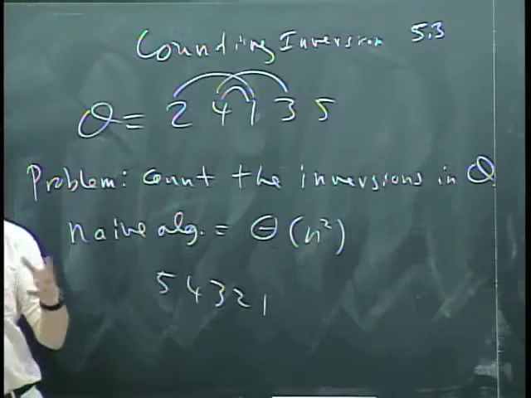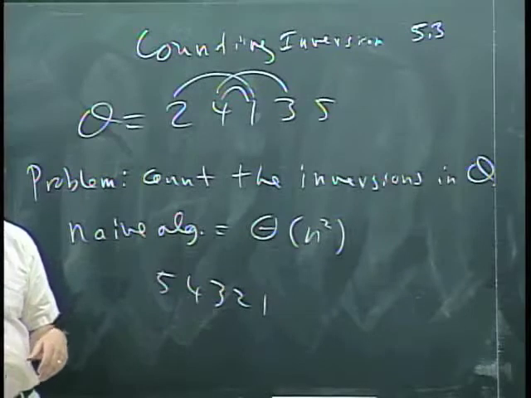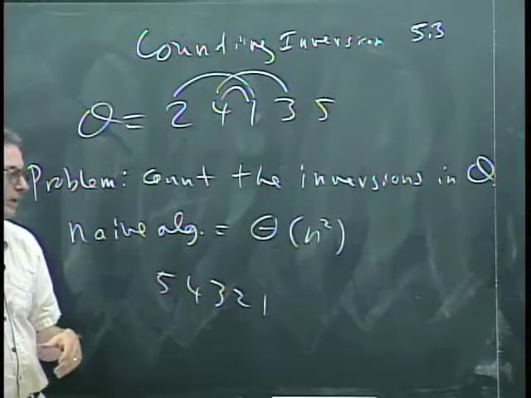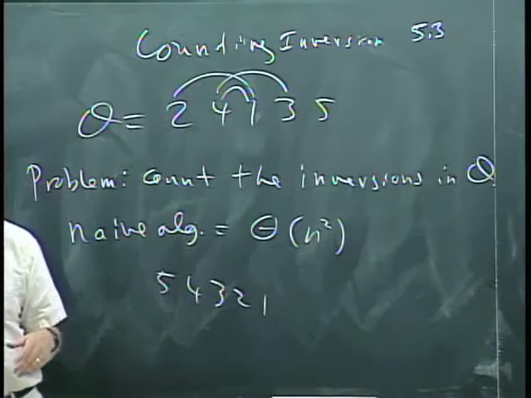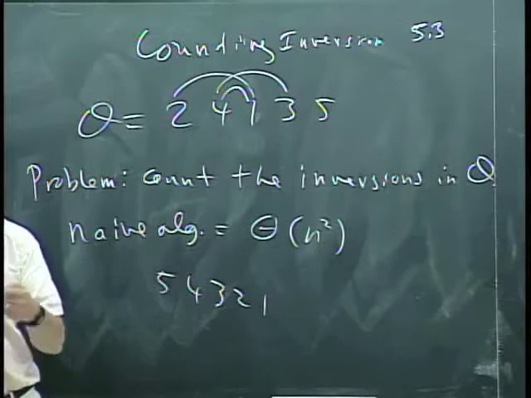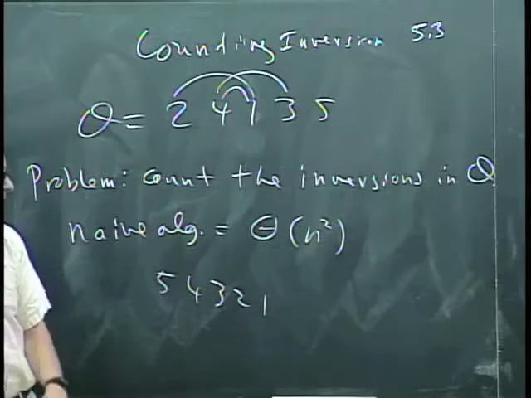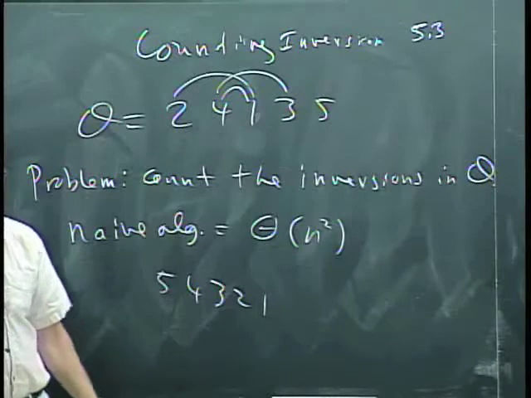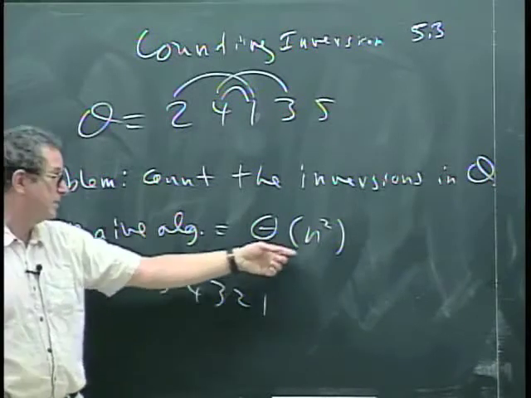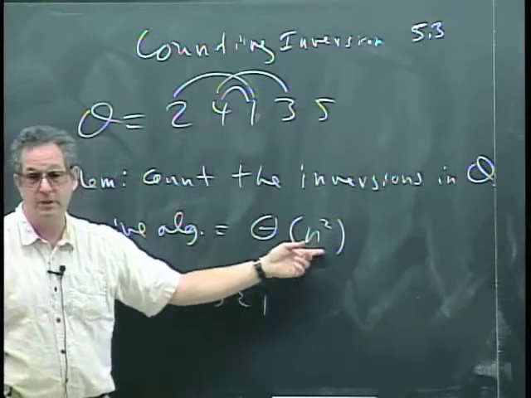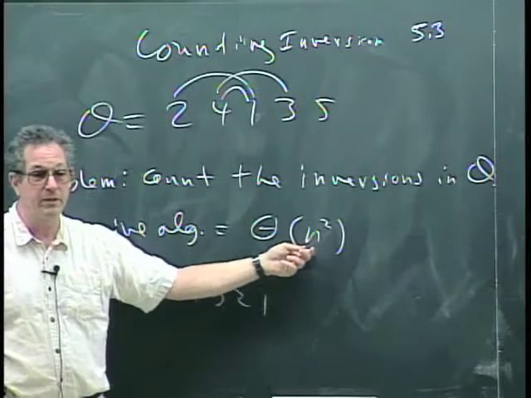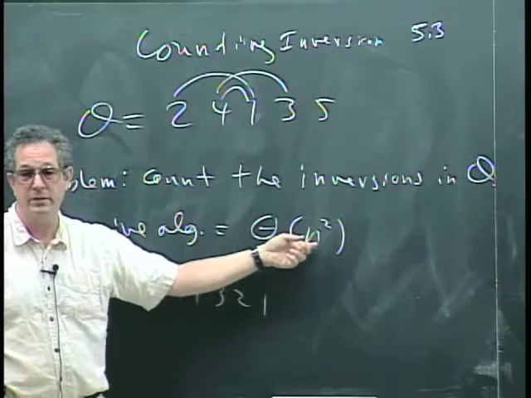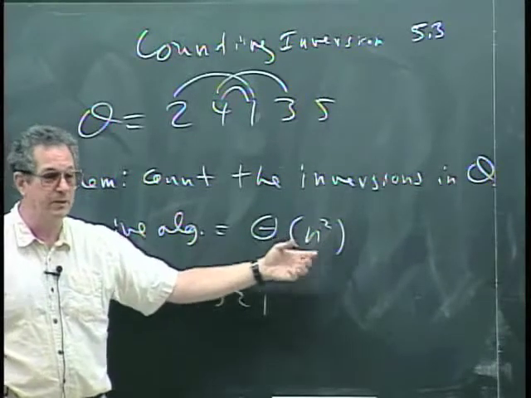So I think somebody at the end last time said, well, you only want to count, you don't want to actually exhibit all the inversions. You don't need to enumerate them or list them. If you did need to list them, then it would take worst case theta of n squared, because there can be that many things to list. Nothing comes for free.